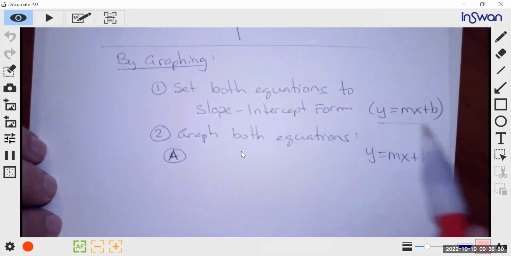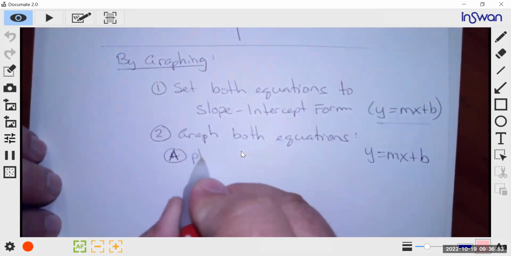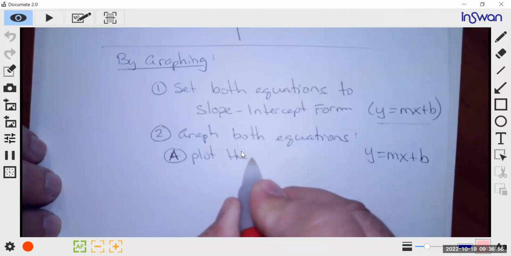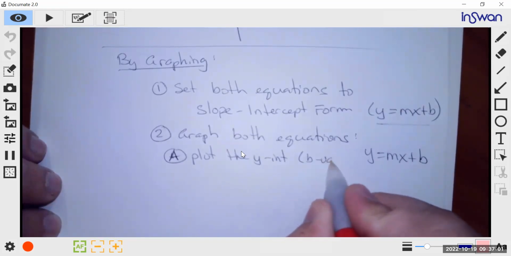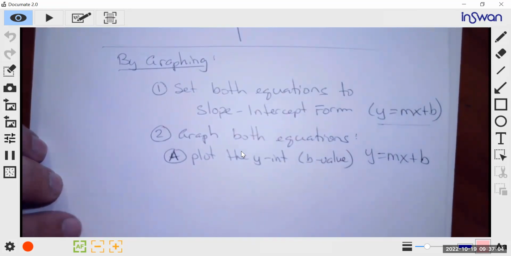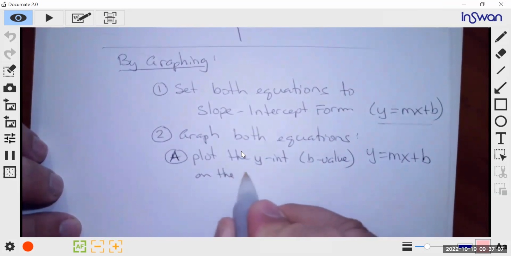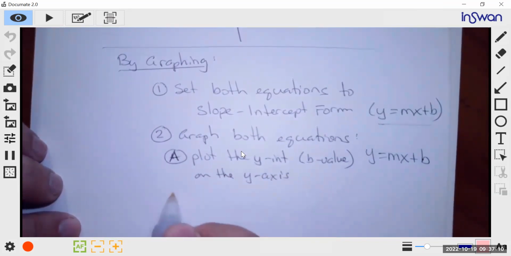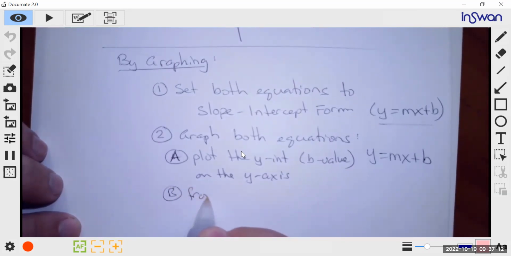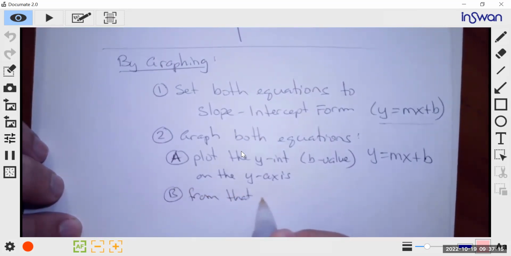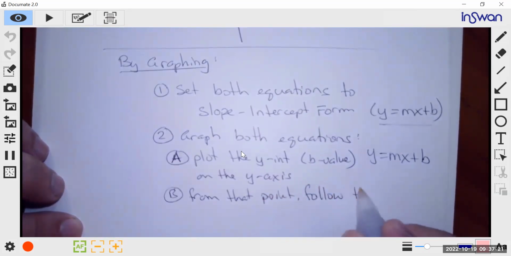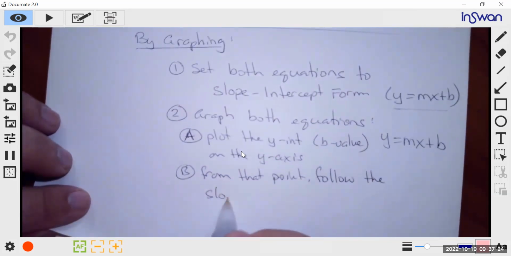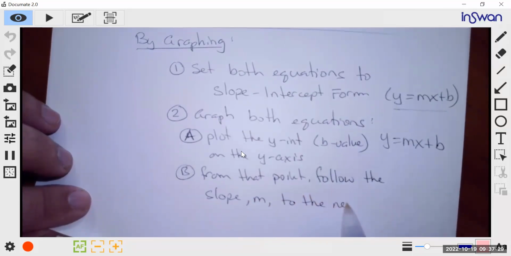If your equations are in slope intercept form, plot the y-intercept, the b value, on the y-axis. From that point, follow the slope m to the next point.